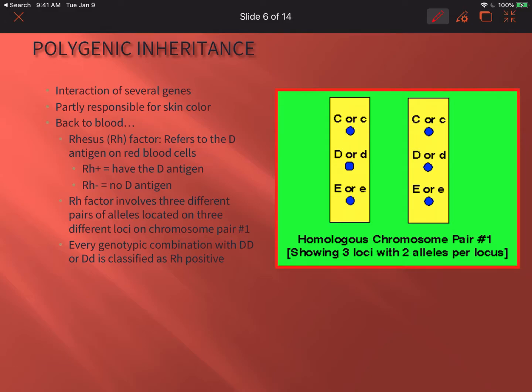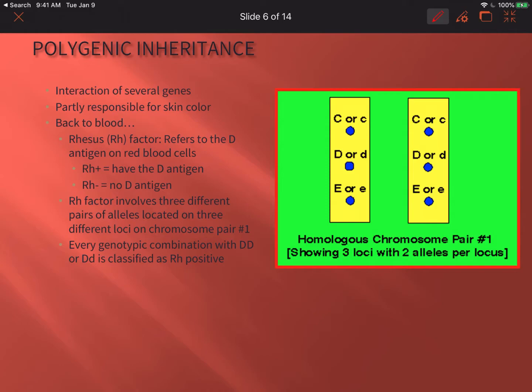Okay, so what happens when you have more than one set of alleles responsible for a particular phenotype? In part, skin color is represented this way. There are actually multiple genes that code for skin type. But going back to blood, there are actually 2 parts of blood.